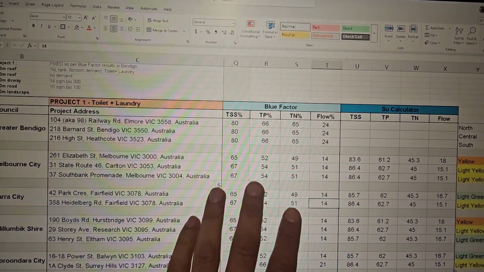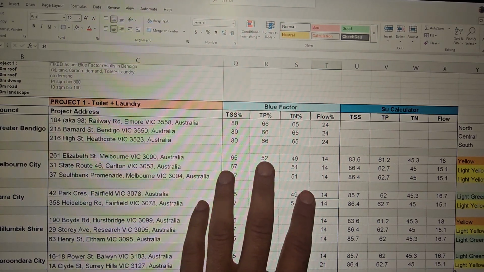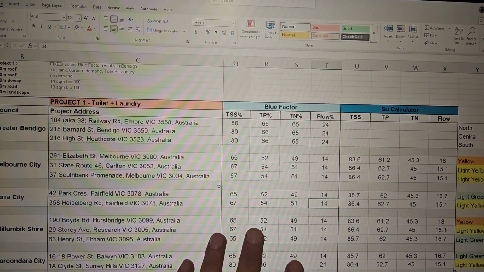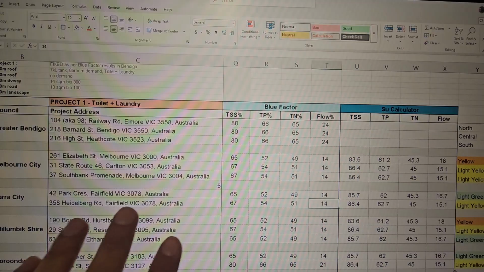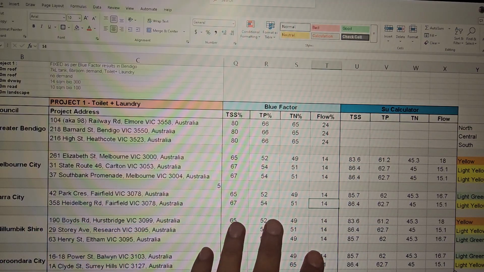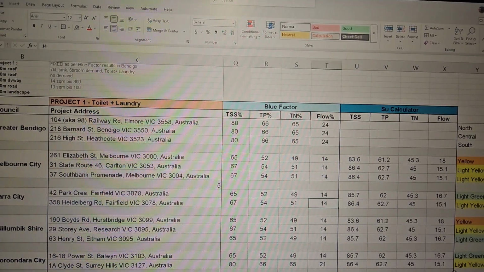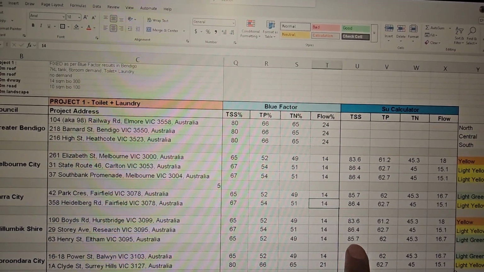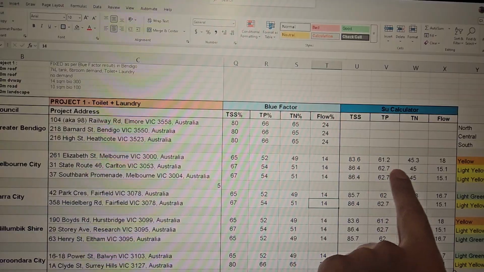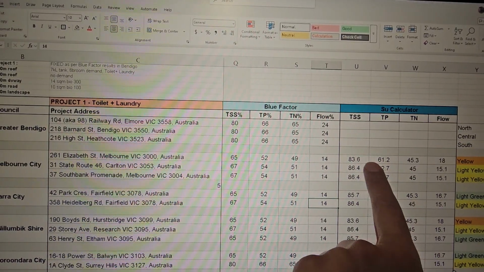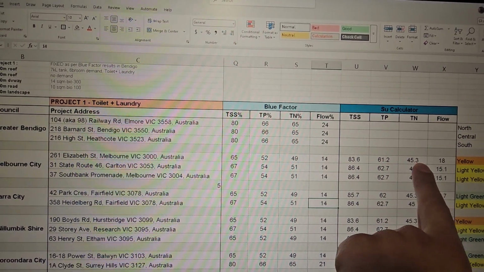Conversely, if you're required to achieve all targets, under no circumstance, in my opinion, should you use Blue Factor in the Melbourne Water area. You see all these colors are the Melbourne Water colors. And with Storm Updated, you achieve your targets, 83, 61, 45 here.